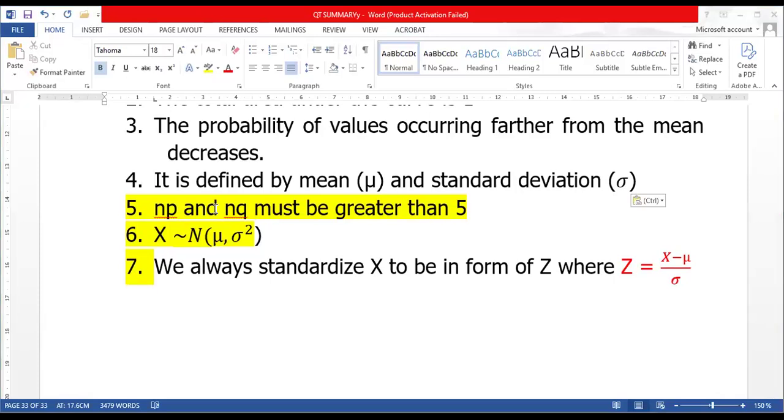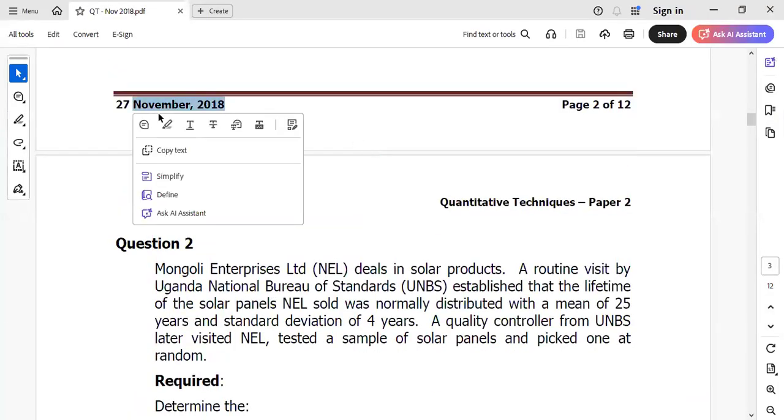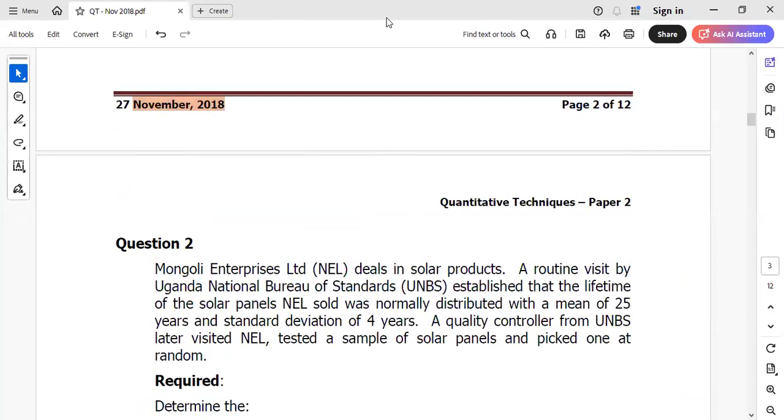We are going to start with this question, November 2018, a quantitative techniques question.